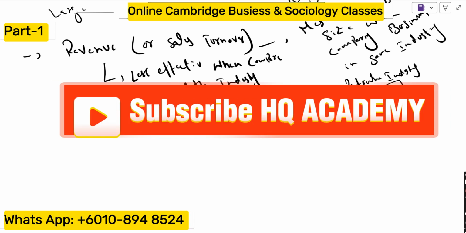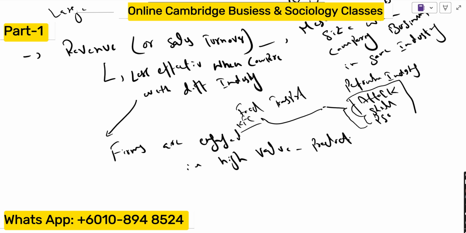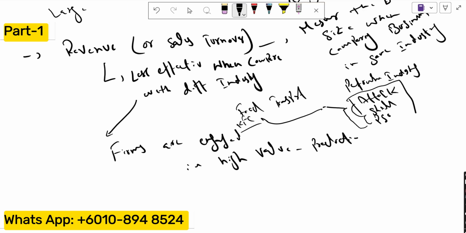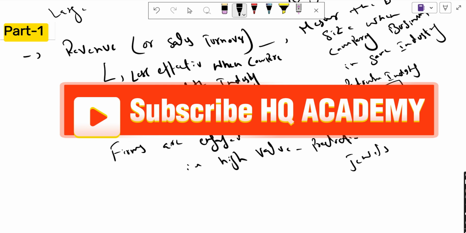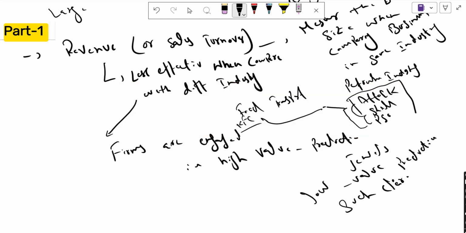Because firms engaged in high value production, such as, for example, jewelries, while others have low value production, such as cleaning services.